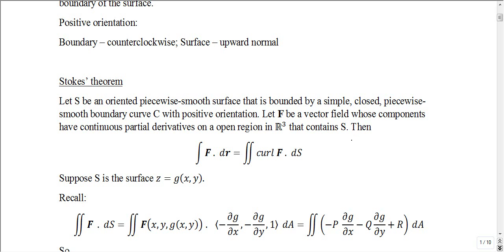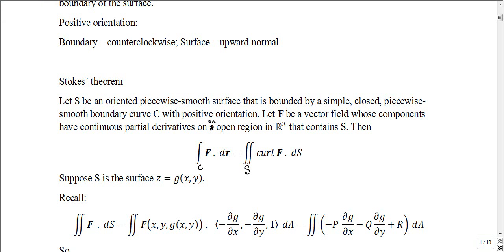Let F be a vector field whose components have continuous partial derivatives on an open region in R3 that contains S. Then the line integral over C of F dot dr is equal to the double integral over S of curl F dot dS. And this is Stokes' theorem.